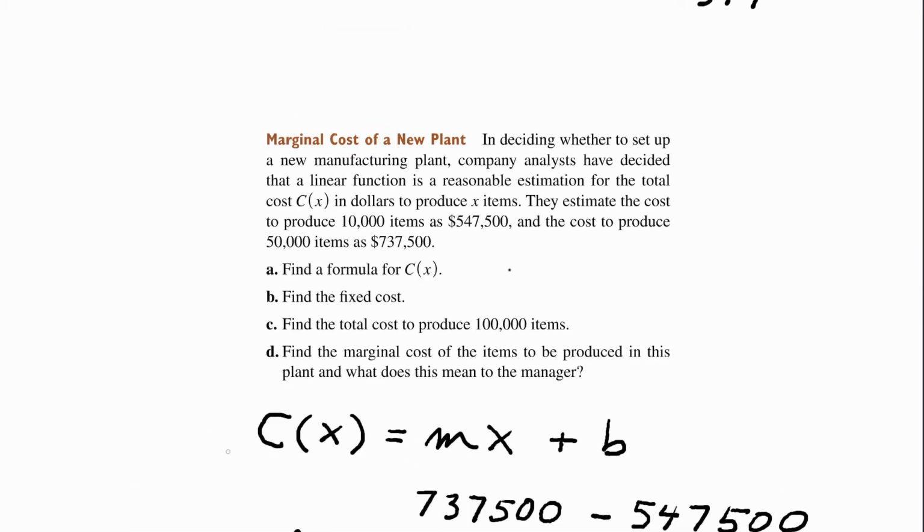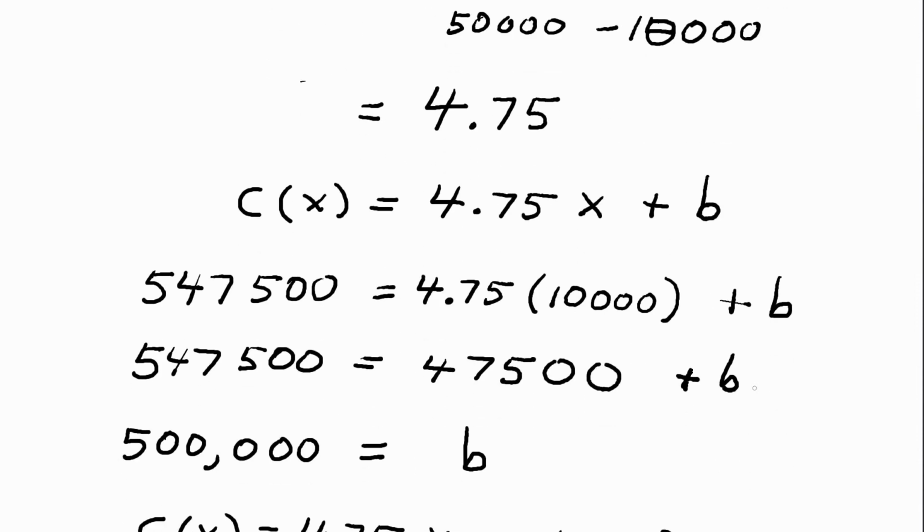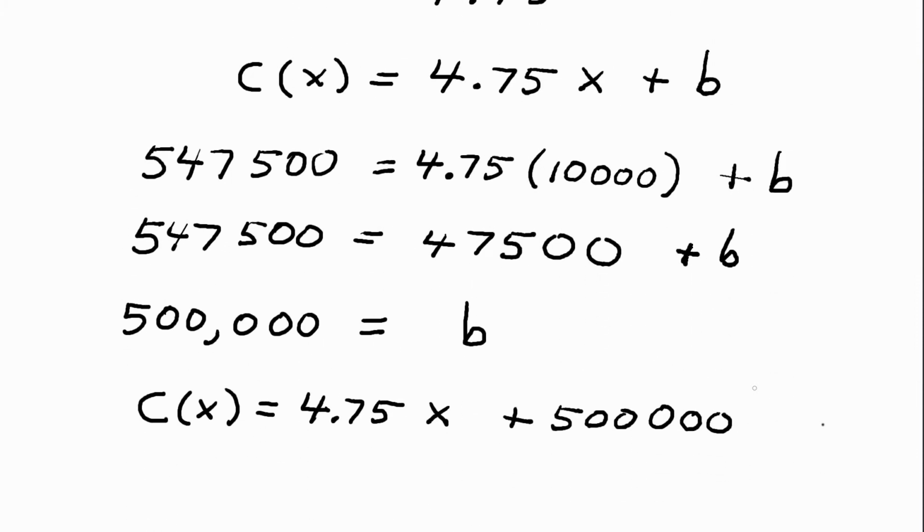It says find the total cost of producing 100,000 items. So to do that, that translates into just saying, let's find C of 100,000, what happens when I plug 100,000 into my function. If I put 100,000 in there, I'll do that right here.